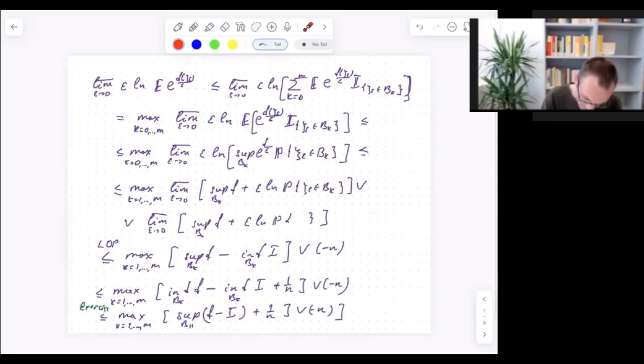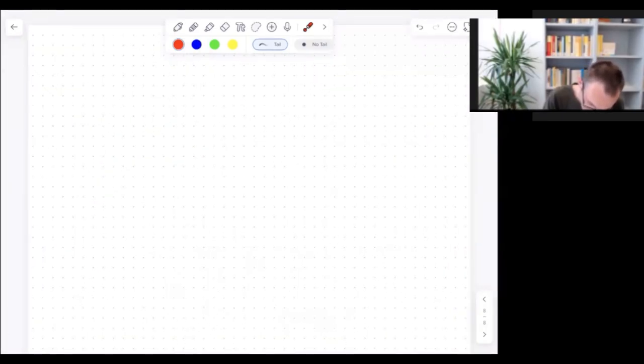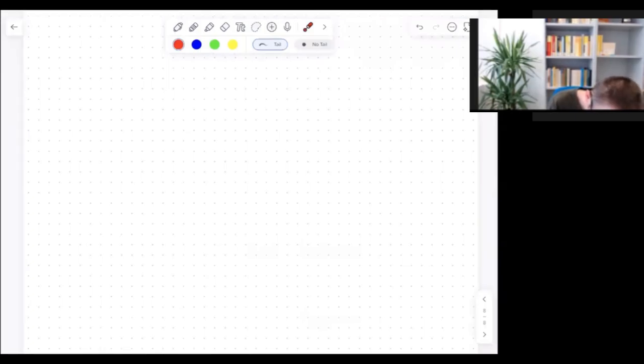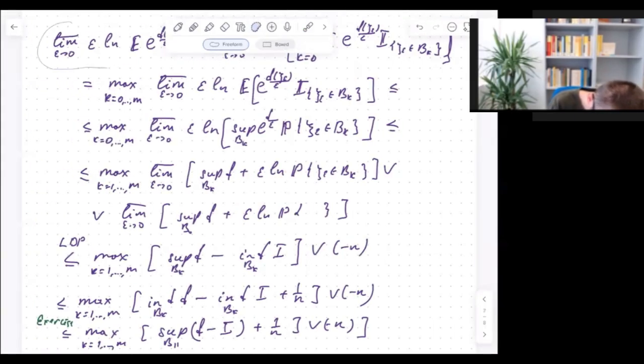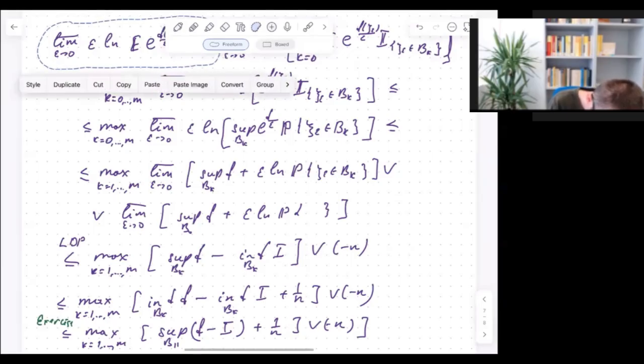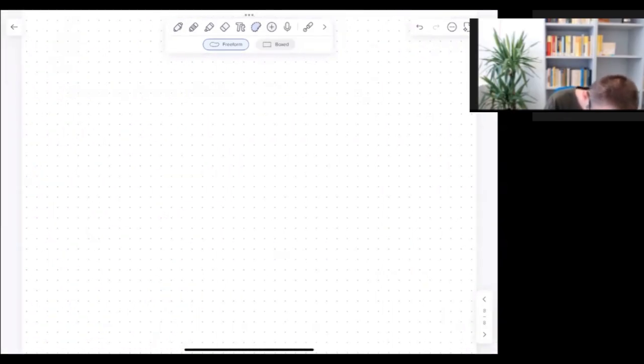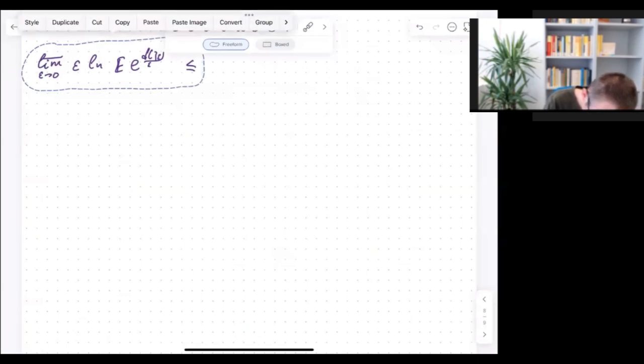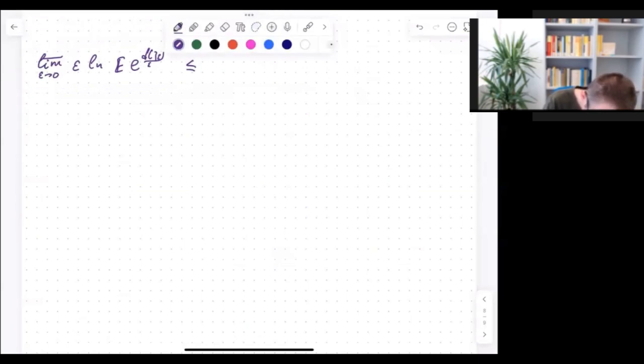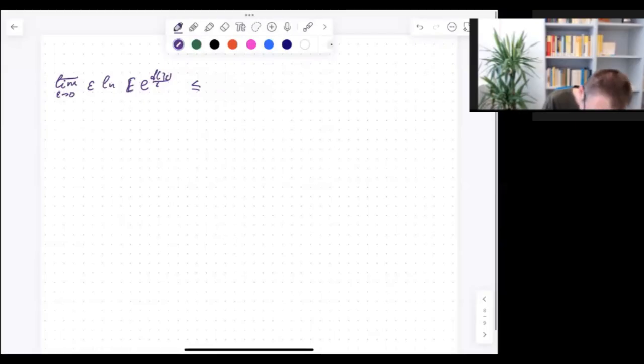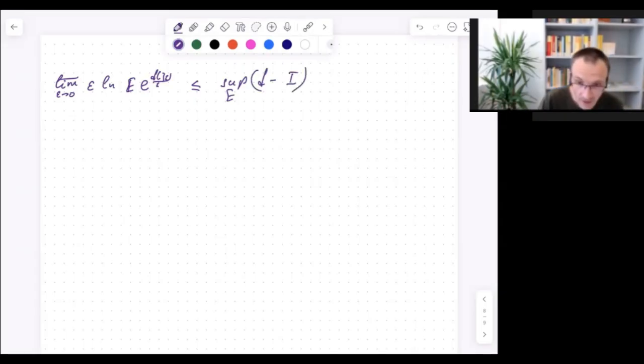So therefore, we get, let me copy that part, that this term is less or equal than the supremum over E of f minus I, and then also you have plus 1 over n, and then the maximum with minus n.